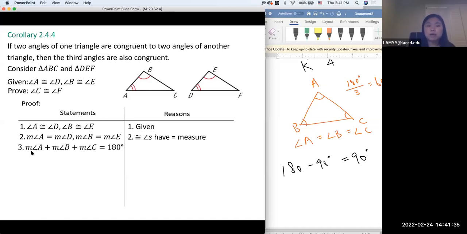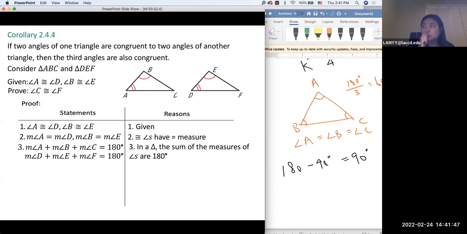So the next one, the measure of angle ABC will be equal to 180, right? And angle DEF is also equal to 180. In a triangle, the sum of the measures of the interior angles is 180.